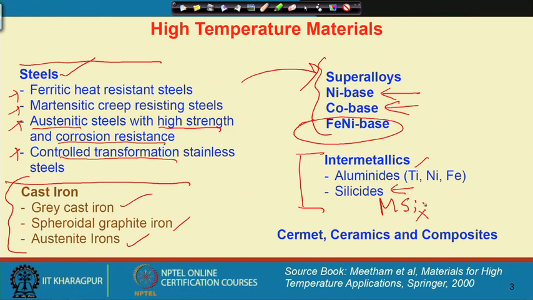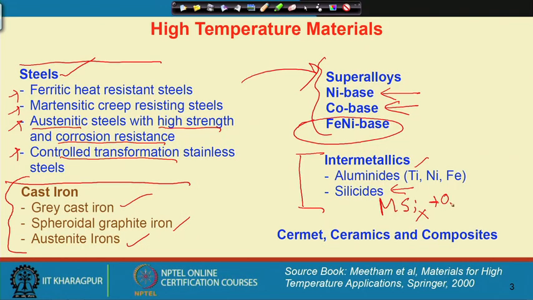Molybdenum disilicide, for example, is used for the heating element in a furnace, and the purpose is that if these silicon containing compounds react with oxygen, we basically get silicon dioxide, which is glassy in nature and protects the surface of those heating elements.